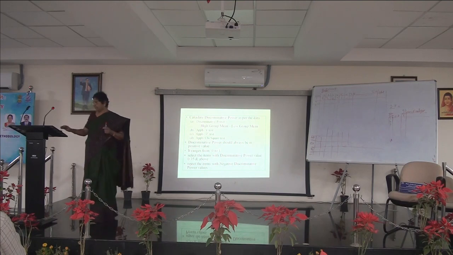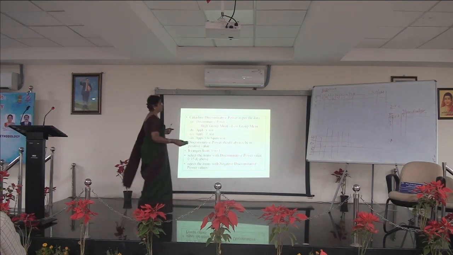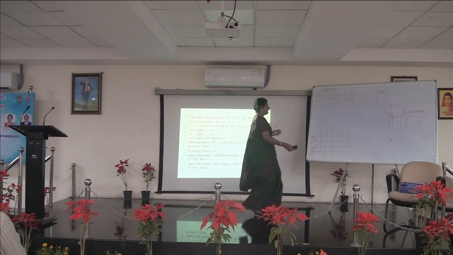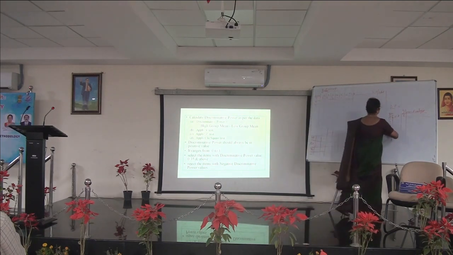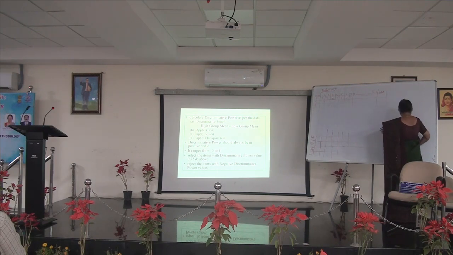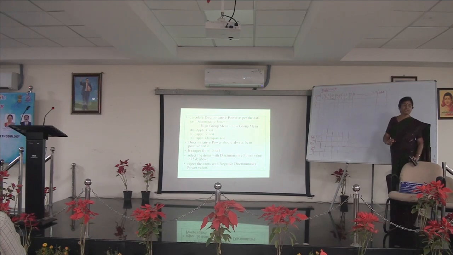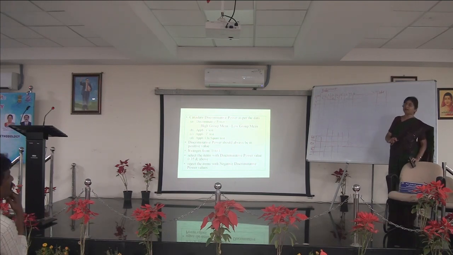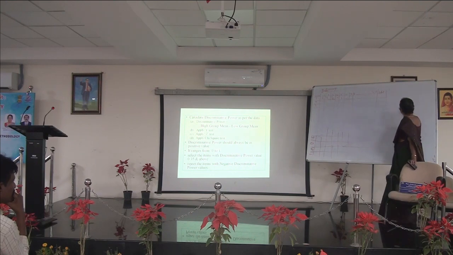And see, the accepted DP value, the minimum difference between the high group and the low group, whether it is an attitude scale, rating scale or any achievement test, should be a minimum of 0.35 and above, positive.